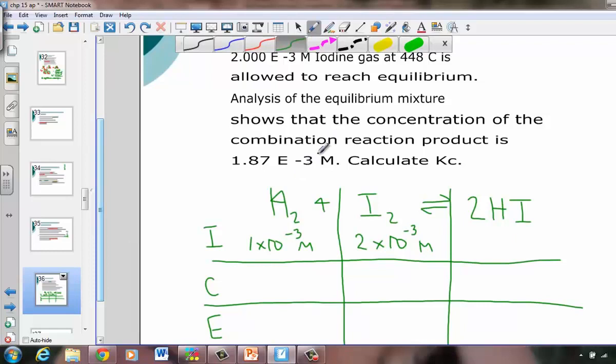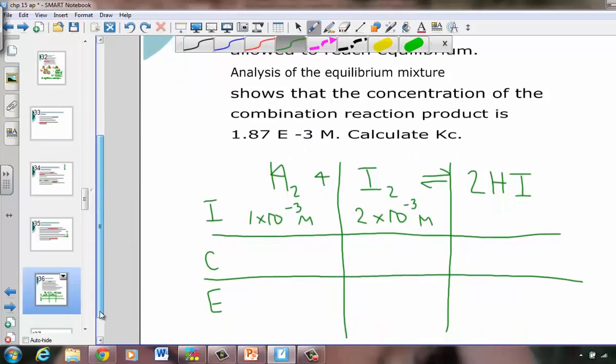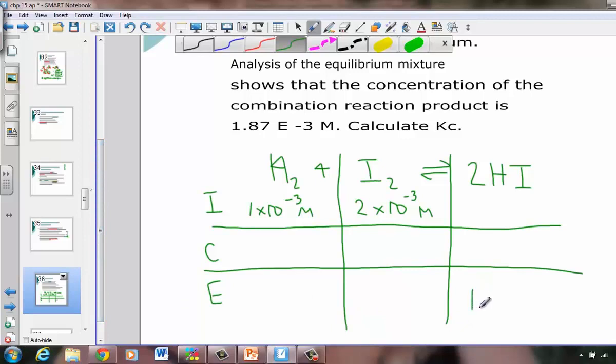The product concentration is 1.87, that's down here, 1.87 times 10 to the negative third molar unit.